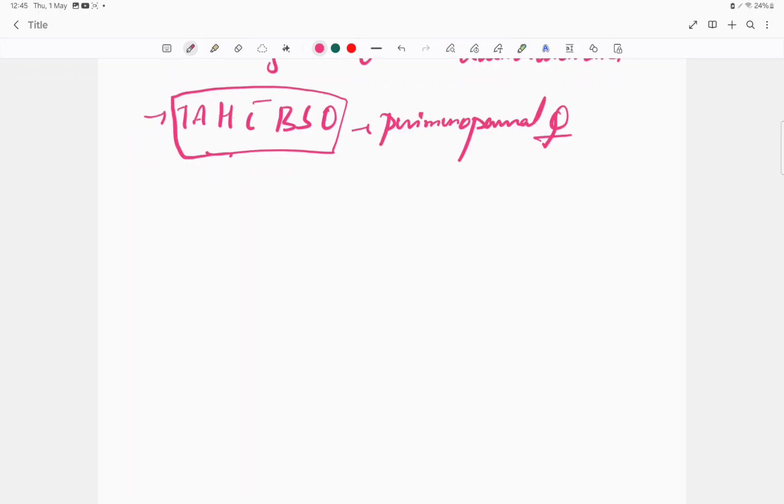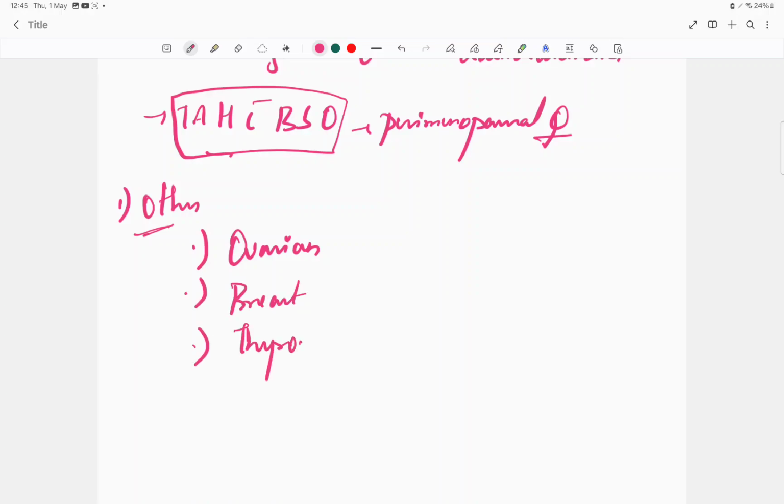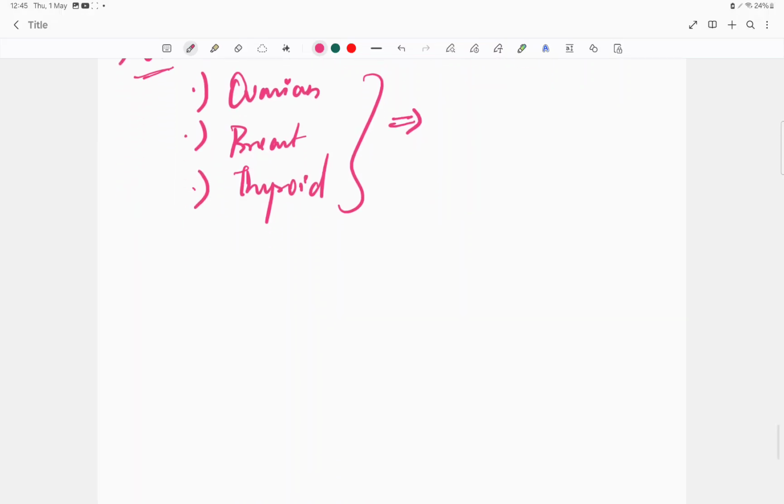Okay, what are the other rare cancers that you can see associated? One is ovarian, as I told you. Apart from ovarian, breast and thyroid, but very rare. So what are the things that you have to do? You have to do lifestyle modification, balanced diet, all these things should be done to prevent these malignancies. Okay.